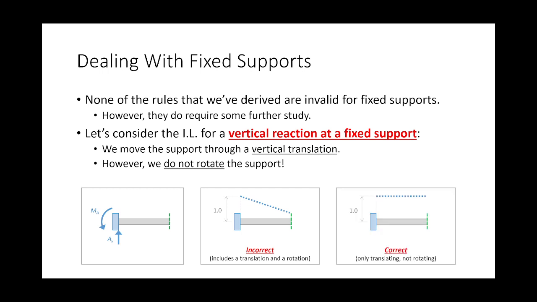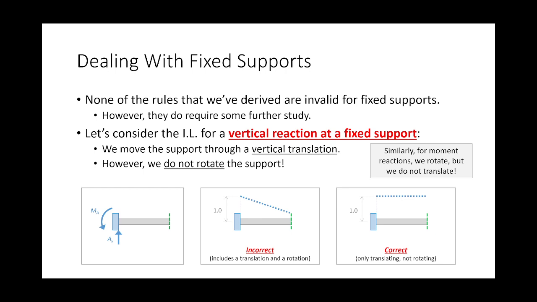That's incorrect. That's correct. We move it through a unit translation, not a unit translation and some arbitrary rotation as well. Does that make sense? This is my little prop I'm going to use here in a little bit.